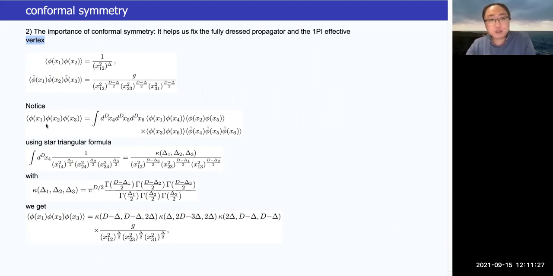So indeed, this shadow field 3-point function is the ansatz for the 1PI effective vertex.